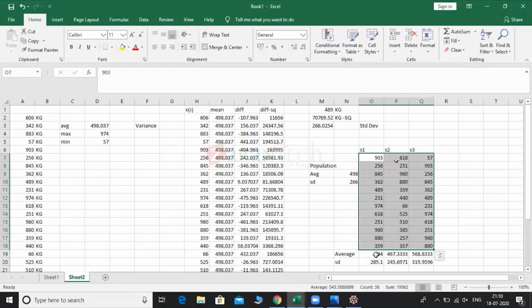For that, these are the average and these are the standard deviation. For the population, this is the average and this is the standard deviation. Can you tell me, out of S1, S2, S3, which is the most right representative of the population, the closest to the population? Hello? Can you see the screen properly?